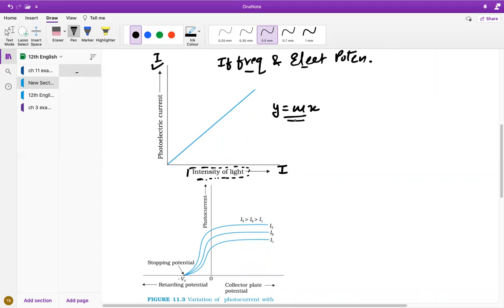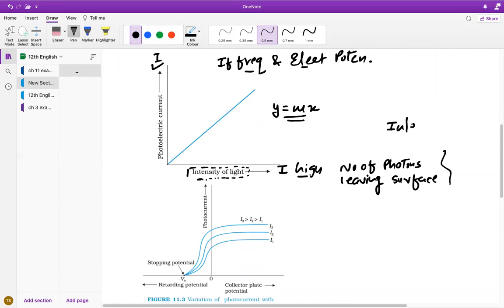So you can say that if my intensity is high, the number of photons leaving the surface is equivalent to the intensity. Both have direct proportionality, so my intensity is directly proportional to the number of photons emitted.